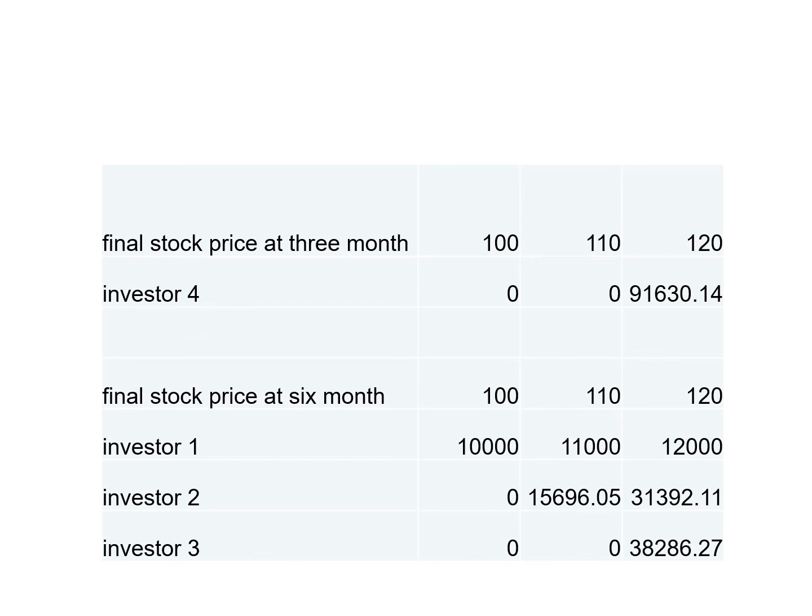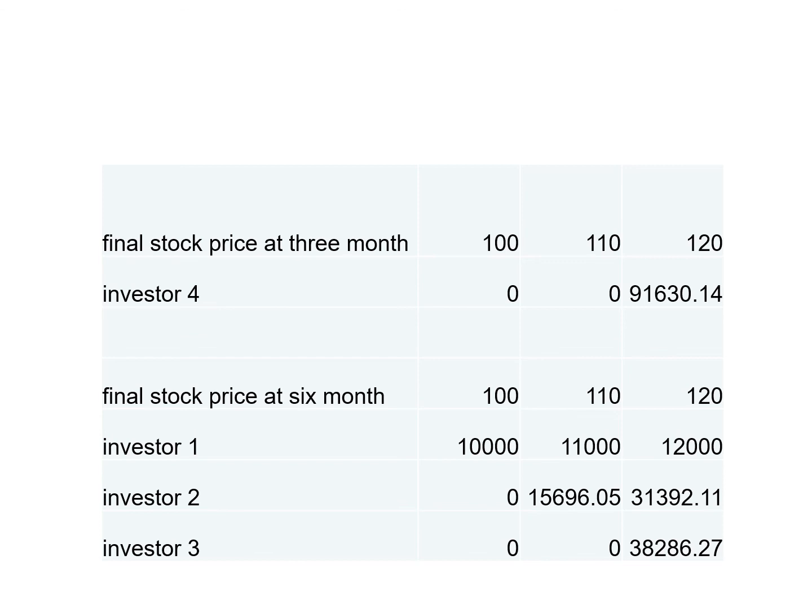And suppose the final stock price at 6 months is 100, 111, 120. The first investor, his final wealth would be 10,000, 11,000, or 12,000. It's a linear investment. It's a stock.